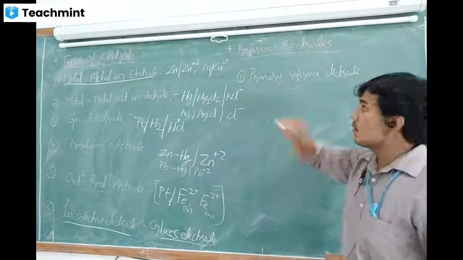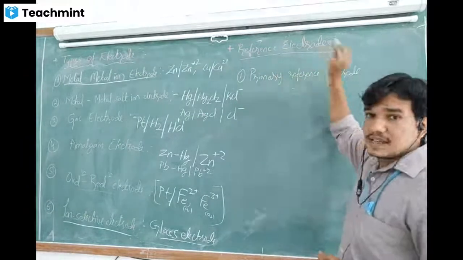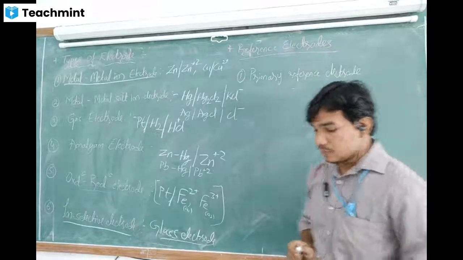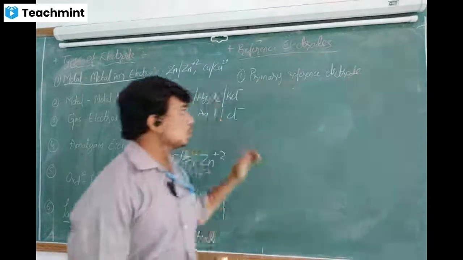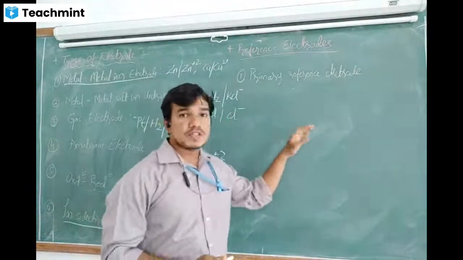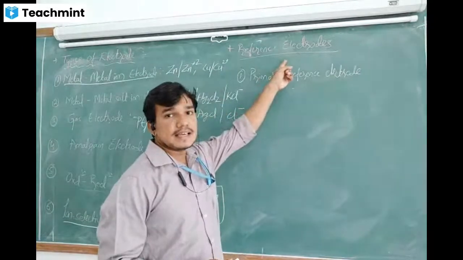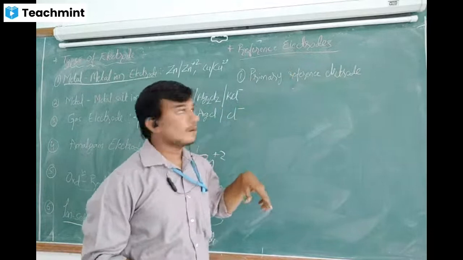Next, the concept is reference electrodes. Why do we use a reference electrode? To measure the electrode potential of any other metal by taking these electrodes as reference.